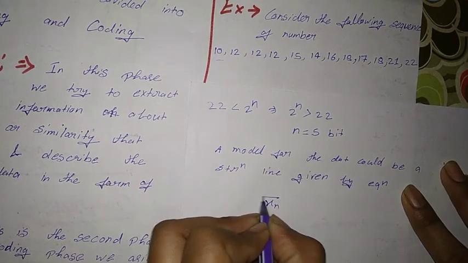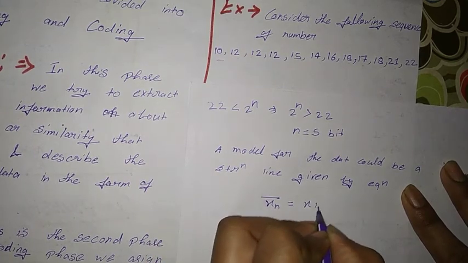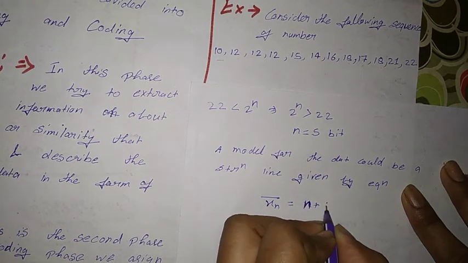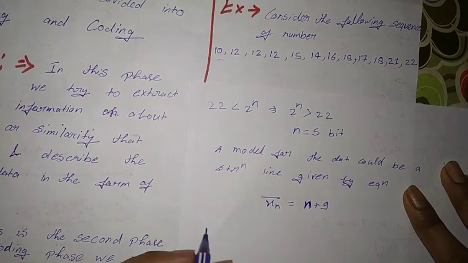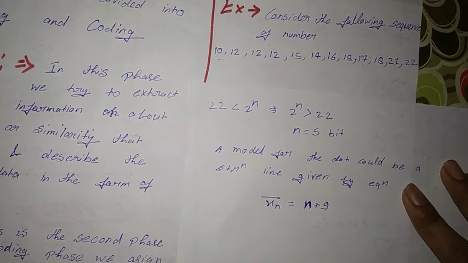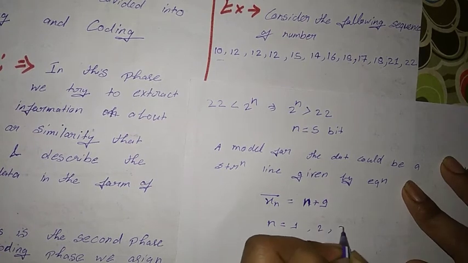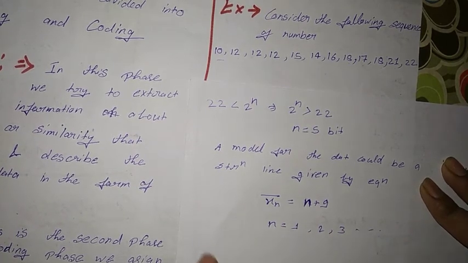Let's assume xn equals n plus 9, where n is 1, 2, 3, up to n.